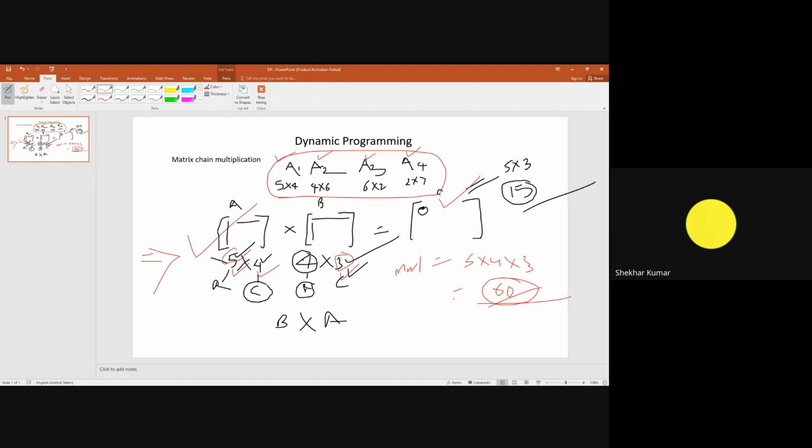I have to use that. So which pair should I select so that the cost should be minimum? So let's check that.